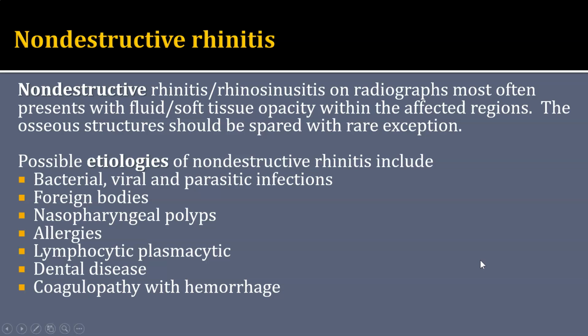We'll leave that for your dental lectures, but dental disease can certainly be a cause of non-destructive rhinitis. And then although a patient with coagulopathy really doesn't have rhinitis, they may present with epistaxis, and you may take radiographs before you recognize that they have a coagulopathy. And so hemorrhage can cause these non-destructive rhinitis findings.